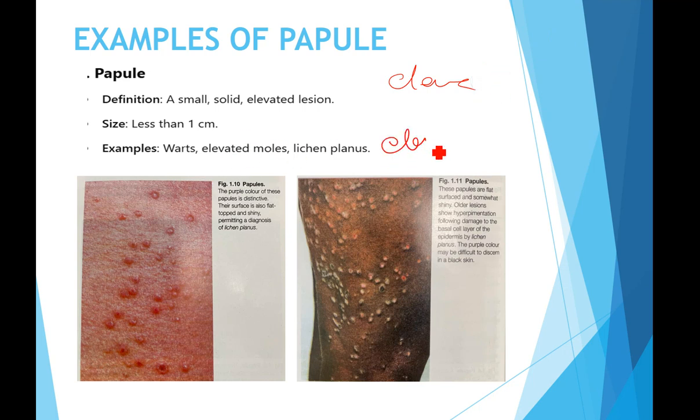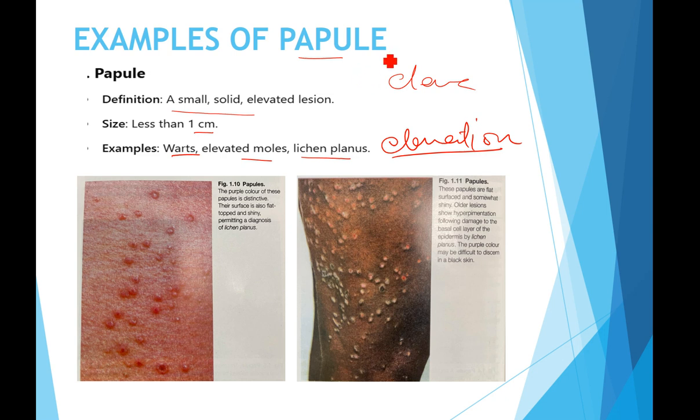So what's happening? Means this is elevated from the normal skin surface, right? So papule is a small solid elevated lesion, and again, like macule, it is less than 1 centimeter. Macule was a flat lesion, whereas papule is a raised lesion. In macule, we have basically pigmentation that could be hypo or hyper, right? So examples are warts, the elevated moles, the lichen planus, all are the characteristic examples of papule.